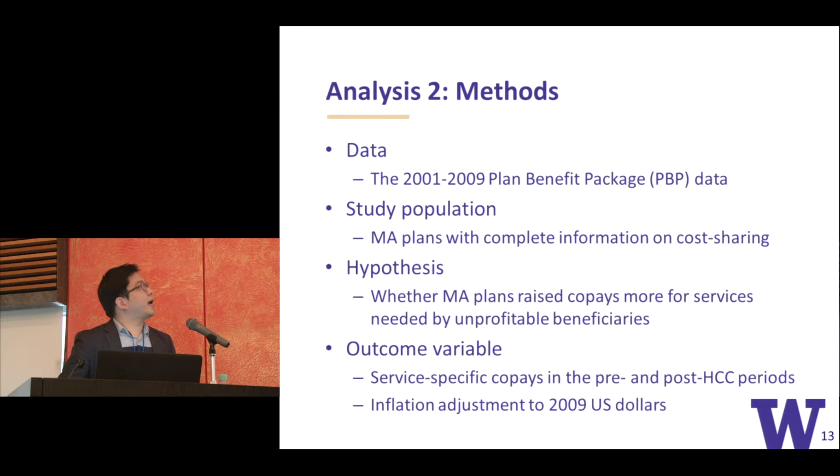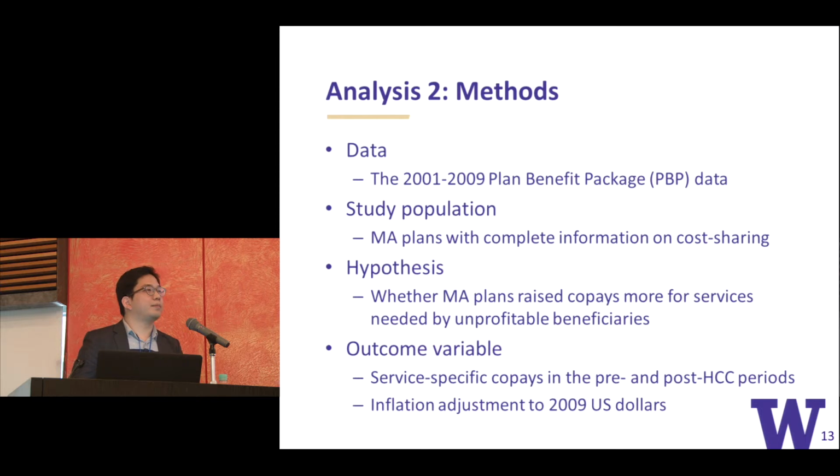Then for the second analysis, I used the plan benefit package data between 2001 and 2009. So I only include MA plans that had complete information on cost sharing. So I calculated the service-specific copays in the pre- and post-ACC period separately, but for 5 types of services, for example, inpatient care and home health care, health plans can set copays differently depending on a length of stay or a number of visits.